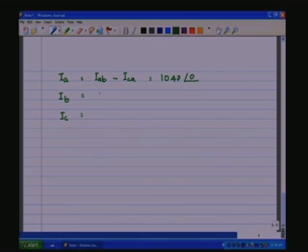Then IAB. Now let me just calculate what happens. Oh yeah, at a reference angle of minus 30 degrees, and IB.